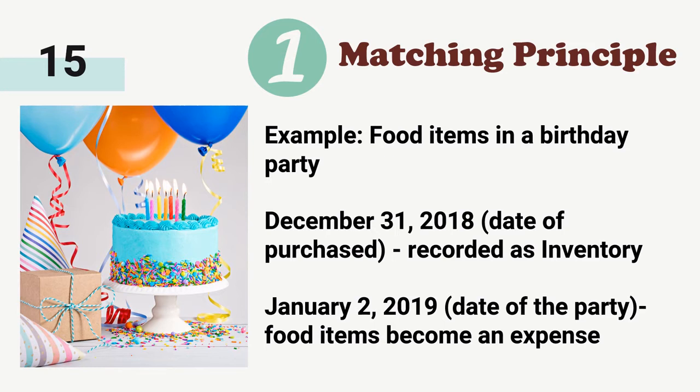However, when the food items are served at a party, these were used to generate revenue. Hence, hindi na yun asset and become an expense on January 2, 2019, yung date ng party. This is referred to as matching principle. Expenses are matched and recorded in the same period that the revenue it generated was recognized.